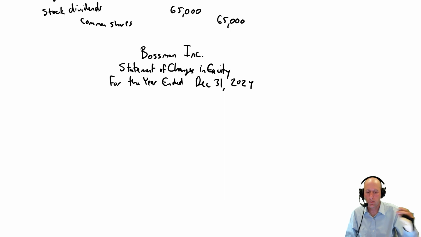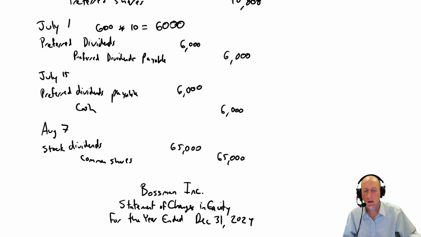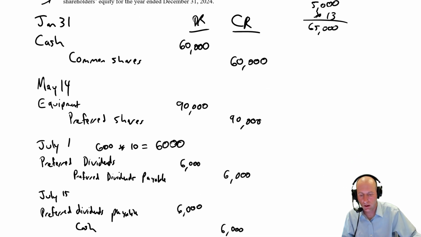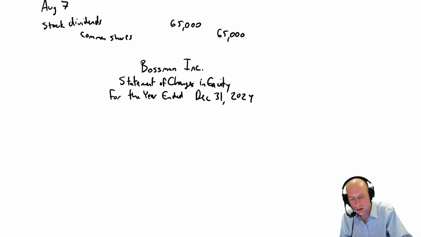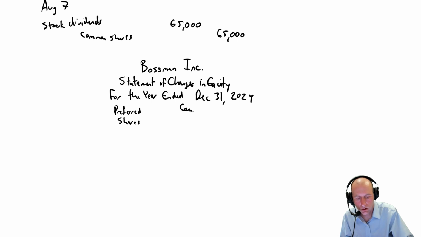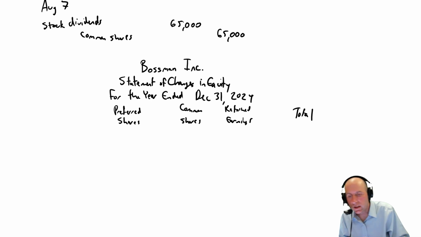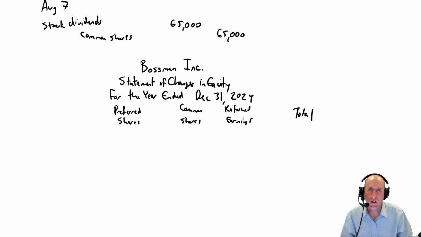So what are we trying to do here? We're just going to say, what are our equity accounts? And our equity accounts are preferred shares, common shares, and retained earnings. So we'll list those out. We're going to say, what did they begin with and how did they change?